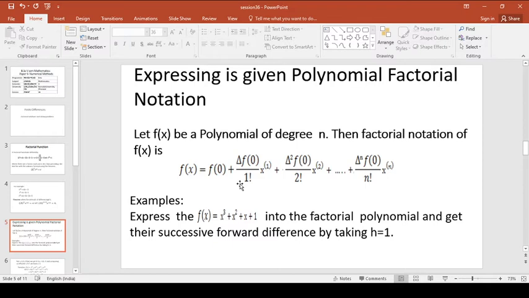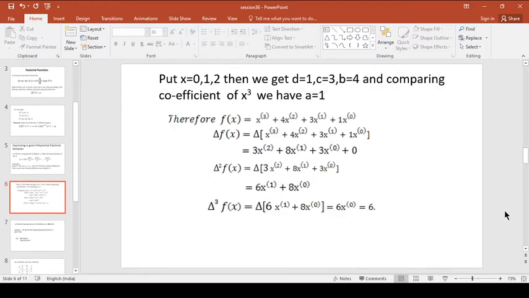The first one is, express the function f of x is equal to x cube plus x square plus x plus 1 in factorial polynomial form and get its successive forward differences by taking h is equal to 1. So here, to solve this, put x is equal to 0, 1, 2, then we get d is equal to 1, c is equal to 3 and b is equal to 4.